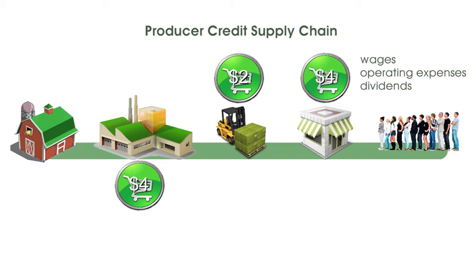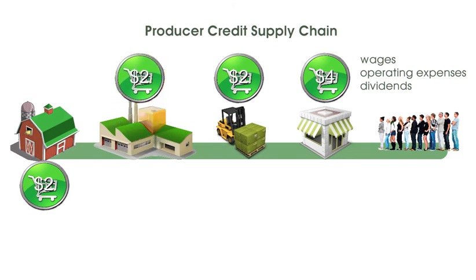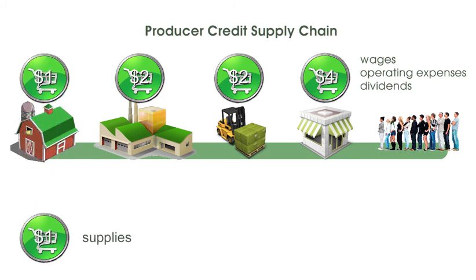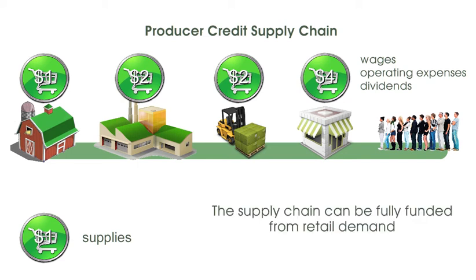The processor spends $2 of retailer credits for the primary production and $2 of retailer credits in wages, etc. Step 4. The primary producer spends $1 of retailer credits for supplies and $1 of retailer credits in wages, etc. Clearly, in a fully deployed system, retailers would have the power to create credit for their whole supply chain and the economy as a whole without the use of any fiat money.